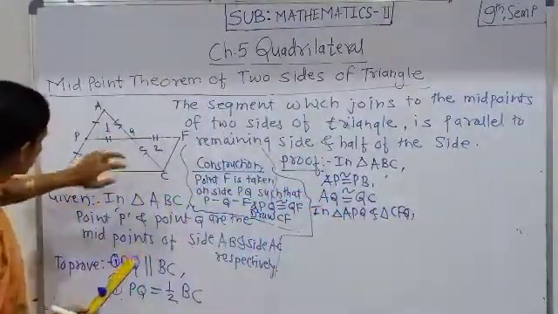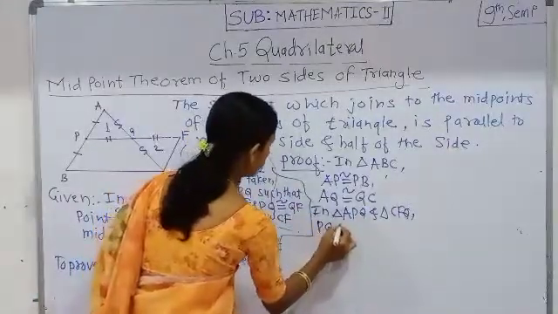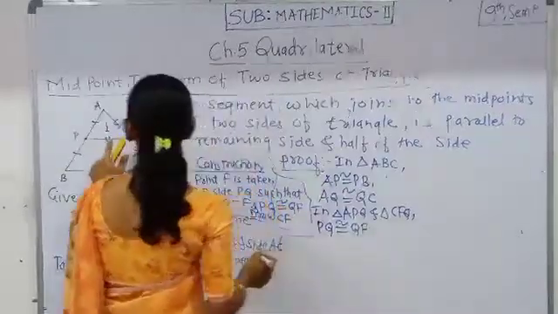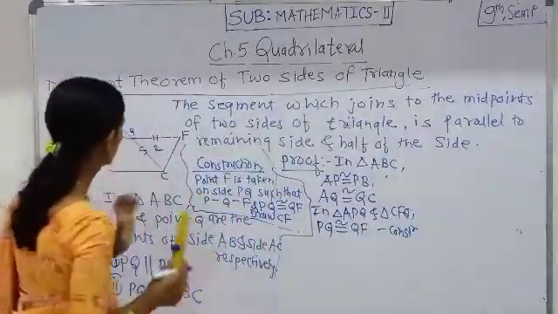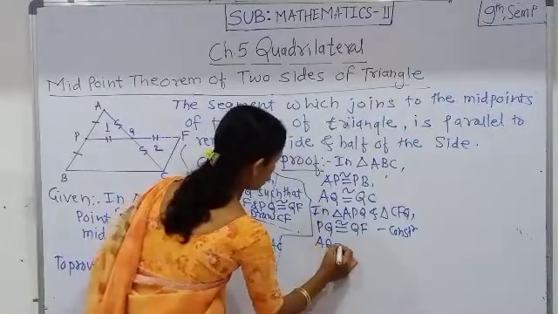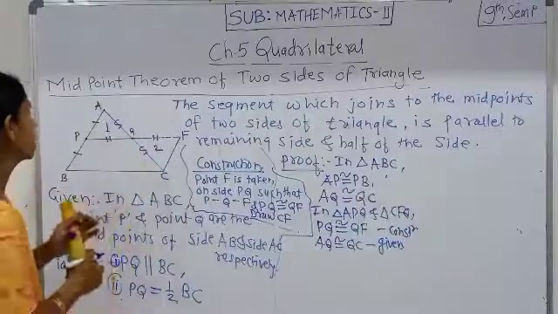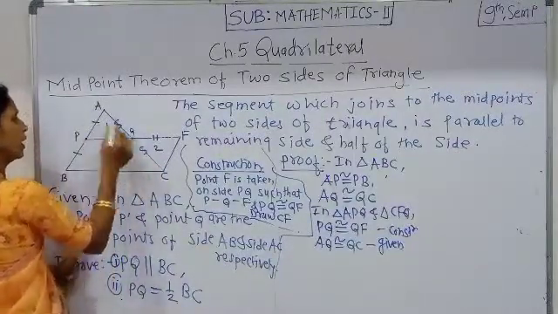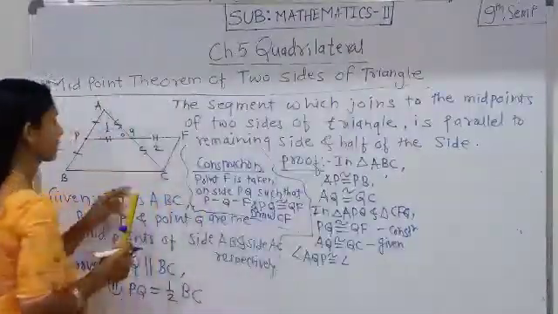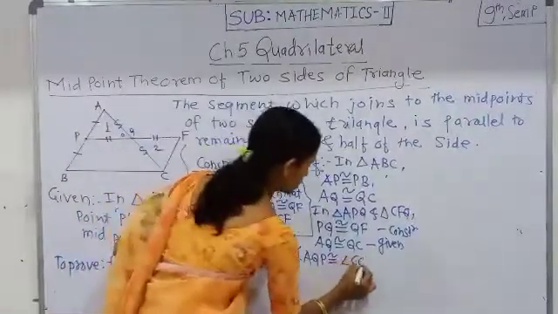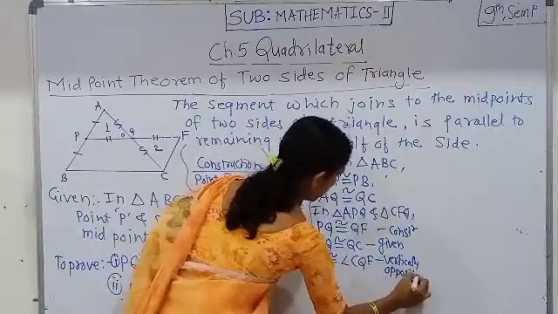See here, in those two triangles, PQ congruent QF, that is the construction, as well as AQ congruent QC, that is given because Q is the midpoint of AC, as well as angle AQP congruent angle CQF, vertically opposite angles.